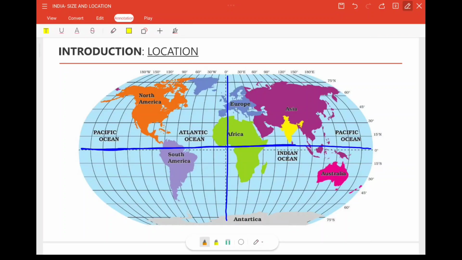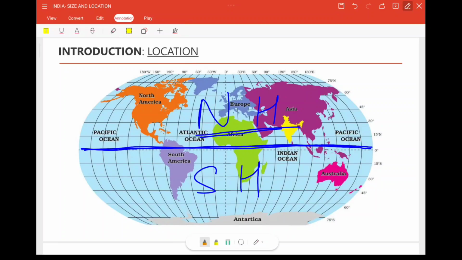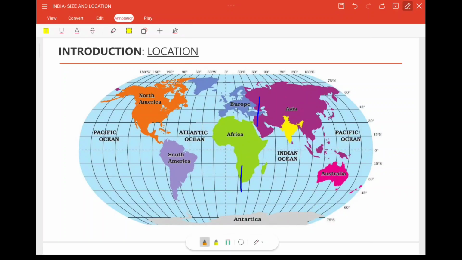What does the equator do? The equator divides the globe into two equal parts: the northern hemisphere and the southern hemisphere. And what does the prime meridian line do? It also divides the globe into two equal parts, the eastern hemisphere and the western hemisphere.